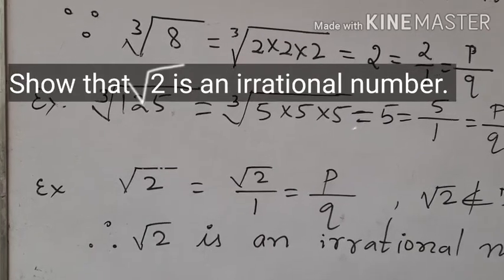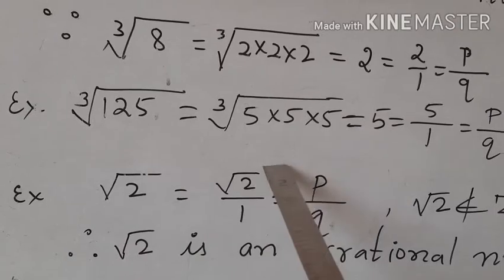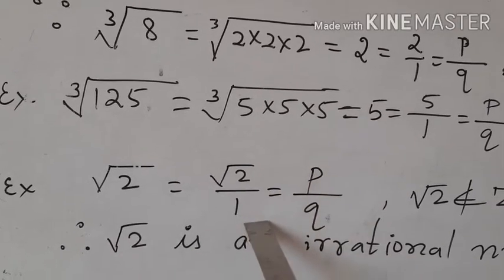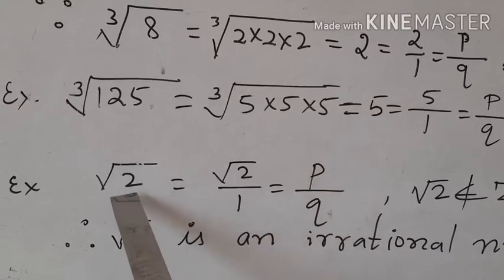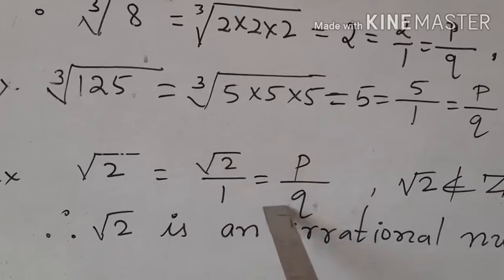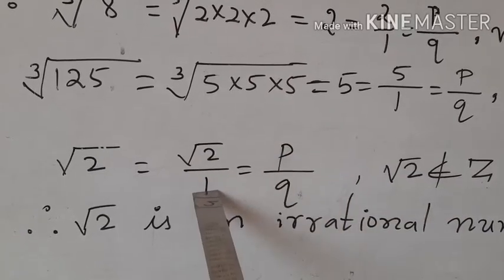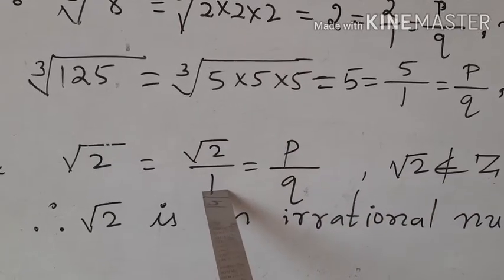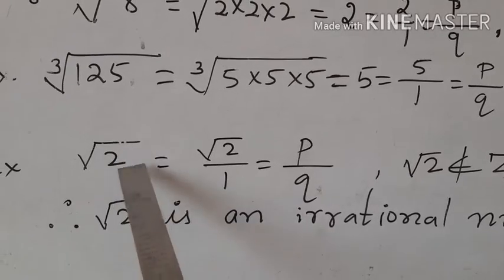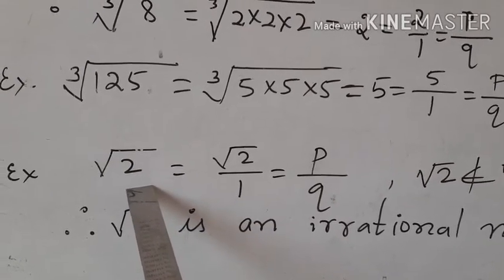Some people may question me: sir, square root of 2 is equal to square root of 2 upon 1, because any number divided by 1 is the same number. Now it is in the form of p by q, where p is root 2 and q is 1, and q is not equal to 0. Therefore, they may say that square root of 2 is a rational number, not an irrational number.